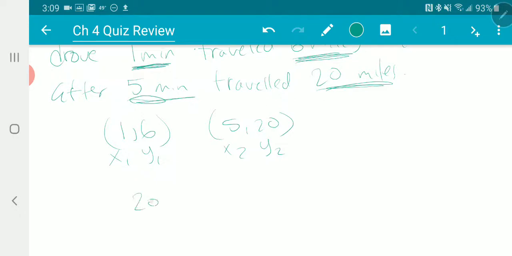And it would be 20 minus 6 over 5 minus 1, just going to equal 14 over 4. In this case, it doesn't come out to a nice even number, but you could reduce that to 7 over 2 or 3.5. And that's my average rate of change.